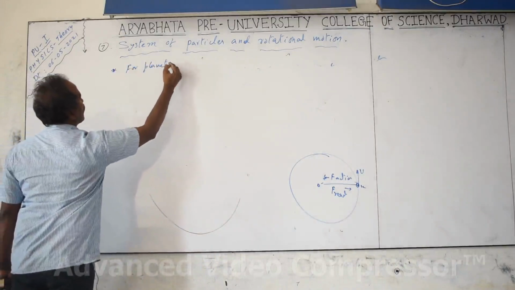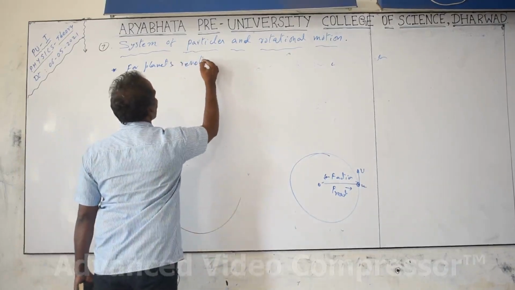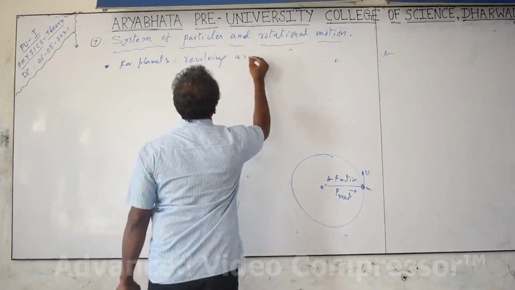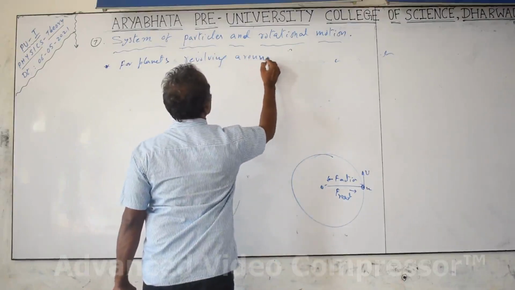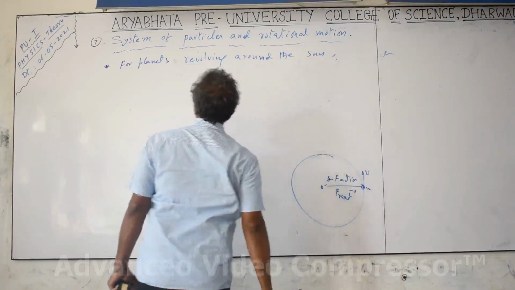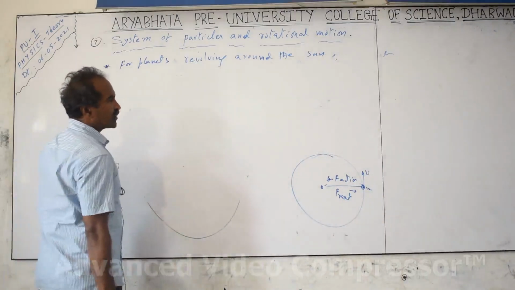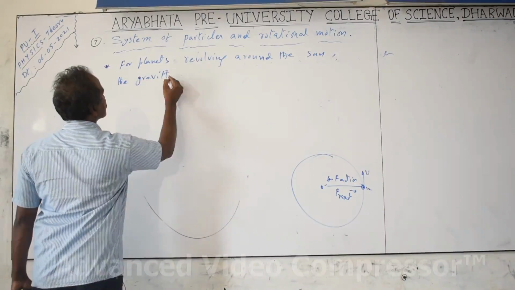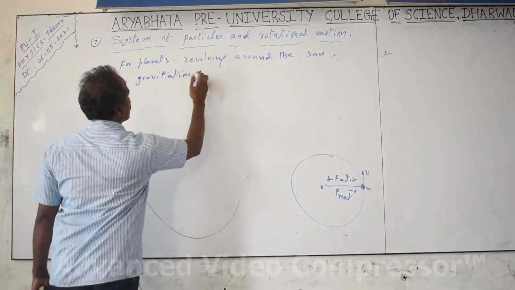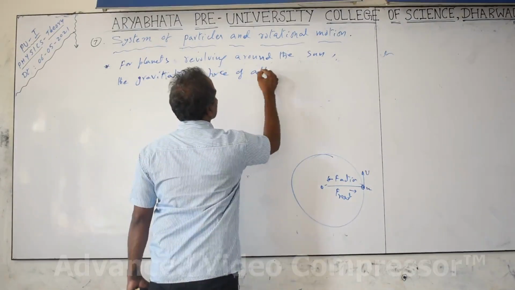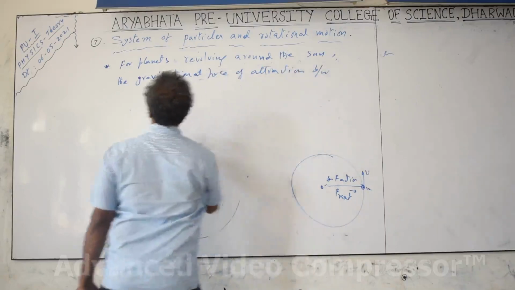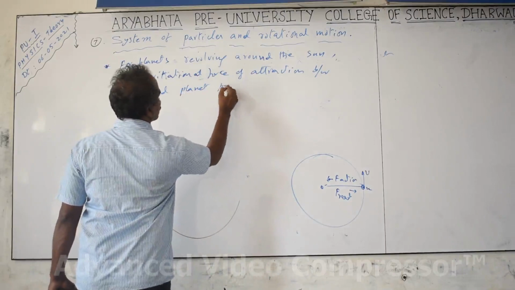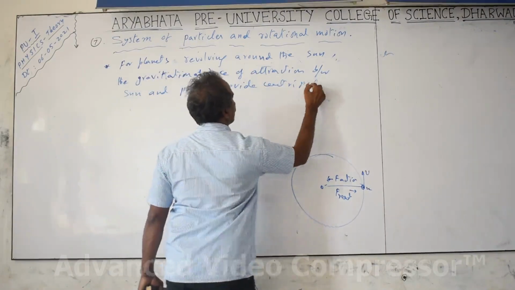For planets revolving around the sun, the gravitational force of attraction between the sun and planet, meaning Earth or any planet you can take, provides the necessary centripetal force.